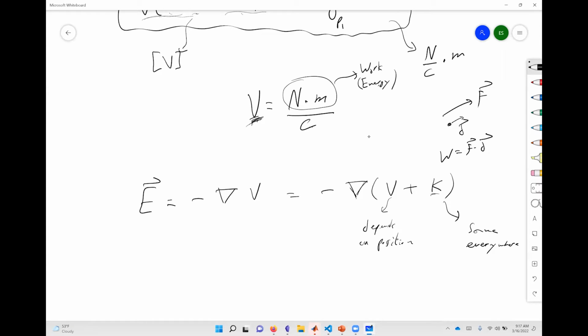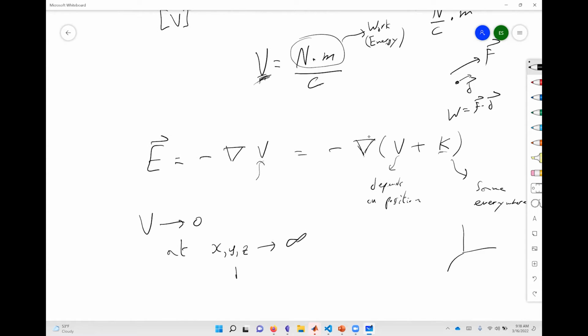So if I take any voltage field and add a constant everywhere, everything will remain the same. So it is a convention to add a constant to the voltage field such that V approaches 0 as distance x, y, z approach infinity, right? Or R in spherical coordinates approaches infinity, or in cylindrical coordinates, R and Z approach infinity.